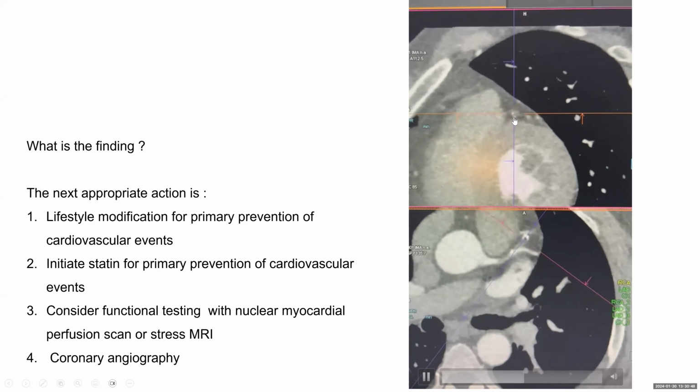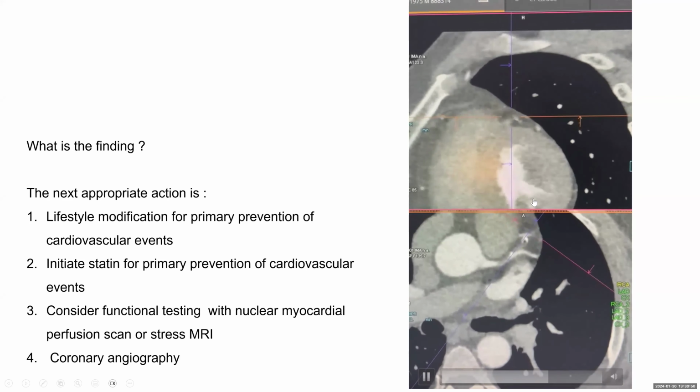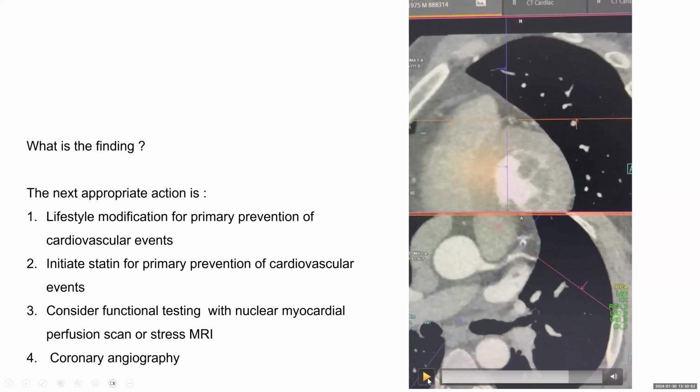That diameter is actually disappearing and then appearing again. Now, looking into the quality of the study and the disappearance of the mid LAD, or haziness or narrowing, which probably indicates that there is a disease. So what is the finding here? Anyone can contribute to describe if you see any of that.